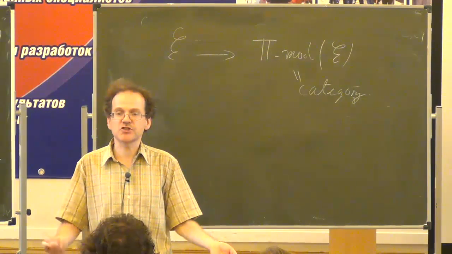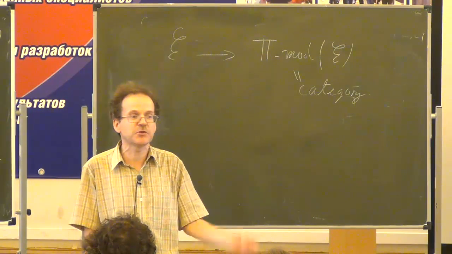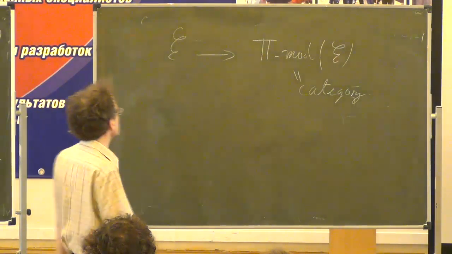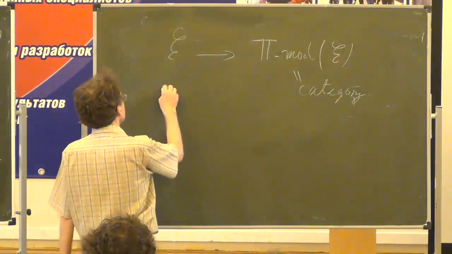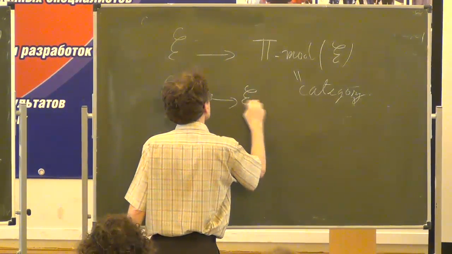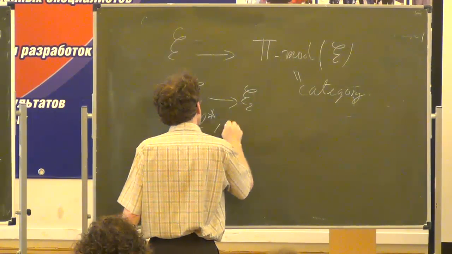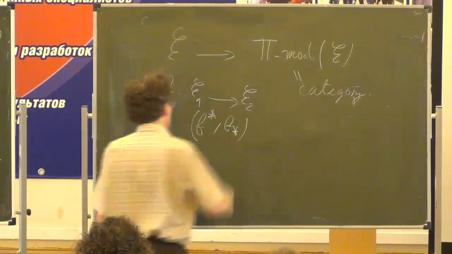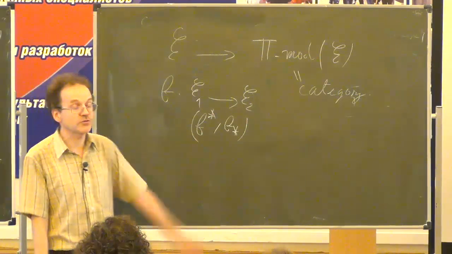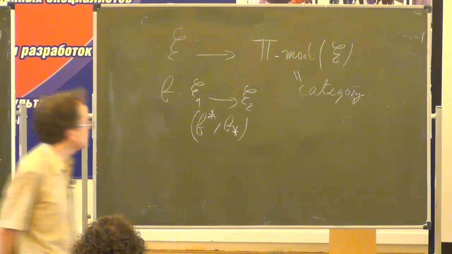But of course, as we are mathematicians, we are not only interested in objects, we are interested in relations between objects. So what is the relation between two toposes? It is a morphism of toposes. So a morphism, I remind you, is just a couple of adjoint functors, such that the pullback functor is compatible with finite limits.